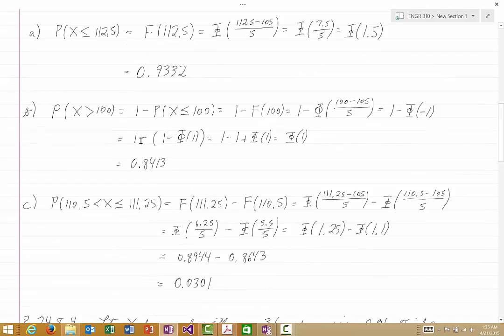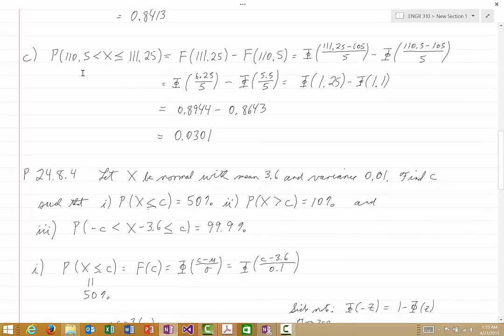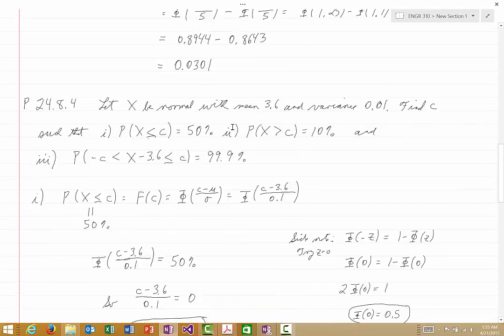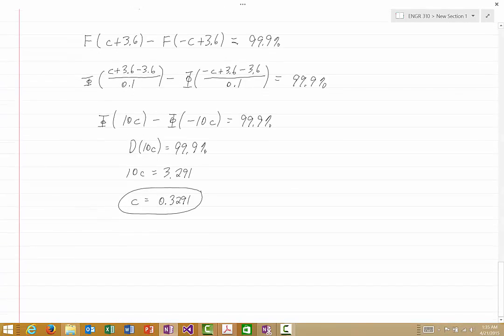Notice we did the same thing here in this previous problem. We go from probability to capital F to phi. Probability, capital F, phi, probability, capital F, and then phi. So that's the procedure that you will want to follow in solving these problems with a normal distribution.